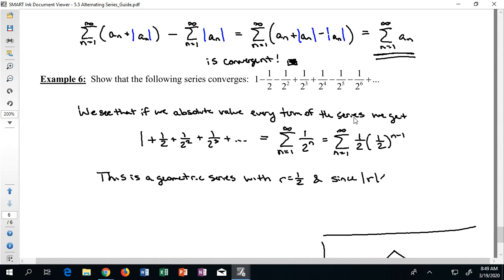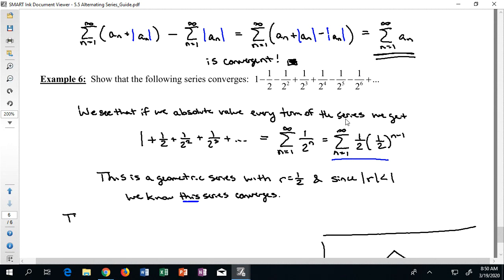And since the absolute value of r is less than 1, we know this series converges. Now notice I haven't answered the question yet because all we've said when we've said this series is we meant this one. We meant the one after I've absolute valued everything.